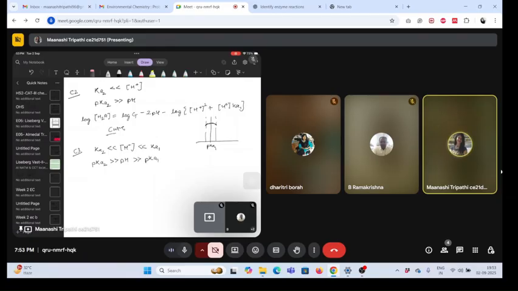So here what do we have to do? We have to neglect all the H plus terms, because H plus is very small compared to Ka, so we neglect all the H plus and pKa1 terms. So what will we get?